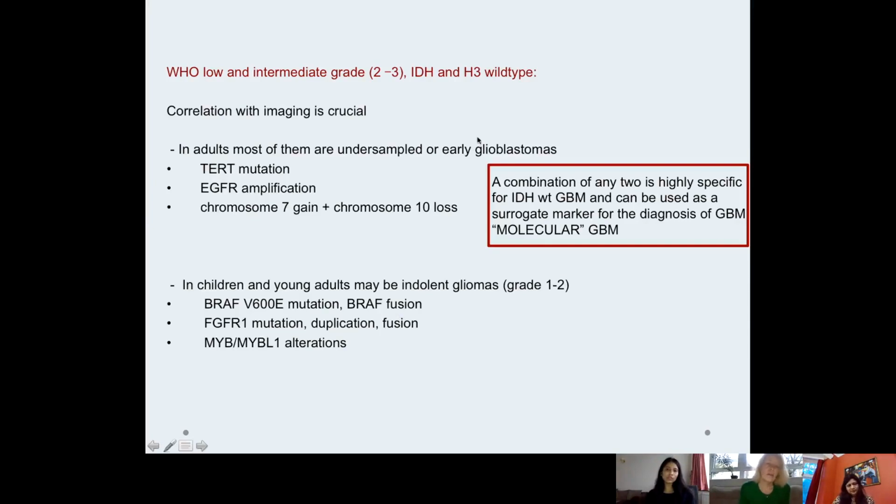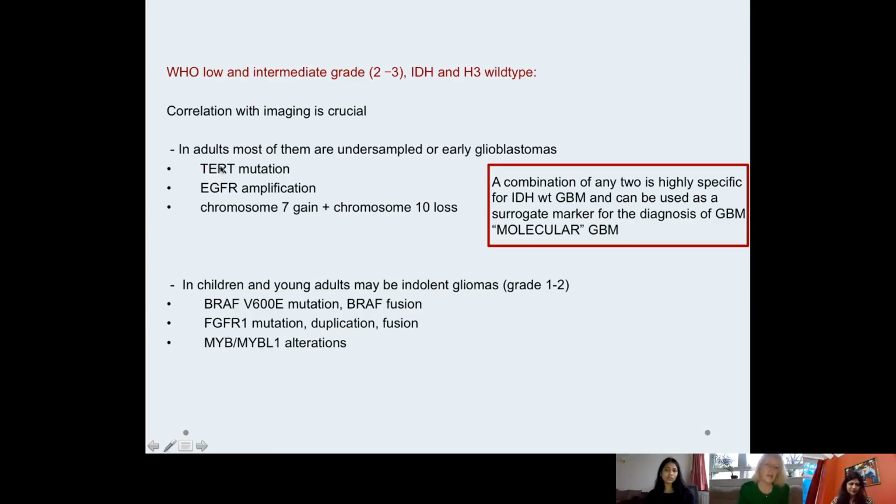Or sometimes just because the biopsy is taken relatively early before the tumor develops all the full-blown morphological features of a glioblastoma. However, we now know that there are some mutations that are very common in IDH wild-type glioblastomas, and this can be used for a surrogate diagnosis of GBM when the histological features are missing.